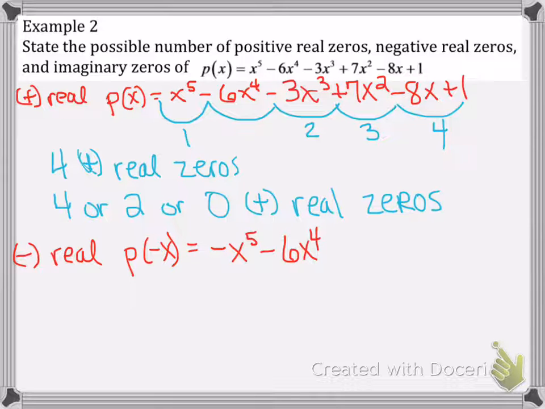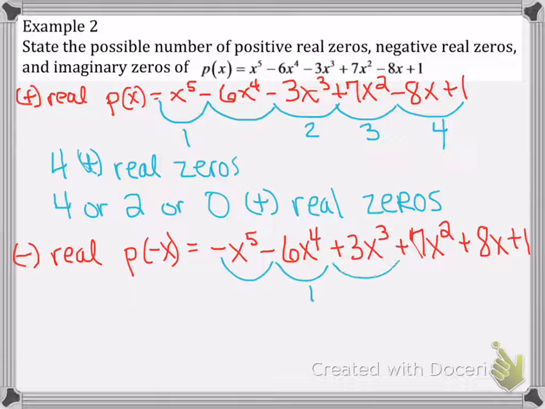Plug it into 3x cubed, I flip signs. 7x squared, the signs stay the same. 8x, I flip signs, and 1 is a constant, so it does not change. Count the sign changes again. 1. This time there is only 1, so that means that there's 1 negative real zero.